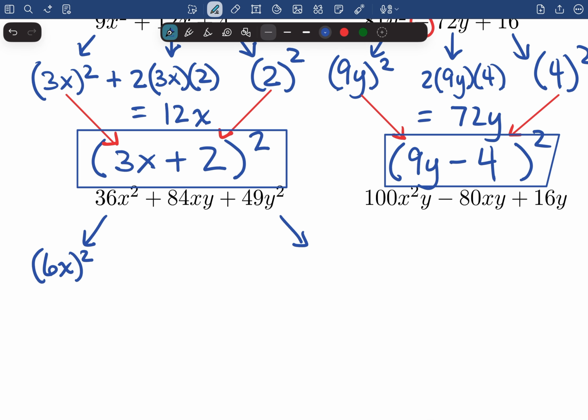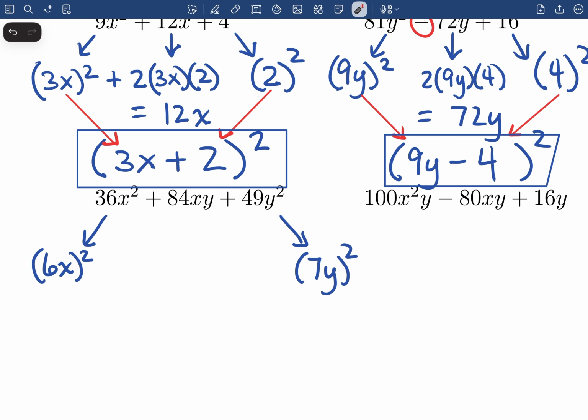And then 49y squared, I could write that as, well, 49 is the square of 7, and I have y, and I square that. So 36x squared is 6x squared, and 49y squared is 7y squared. Because 6 squared is 36, and x squared is x squared. And 7 squared is 49, and y squared is y squared. So that's why this is true.